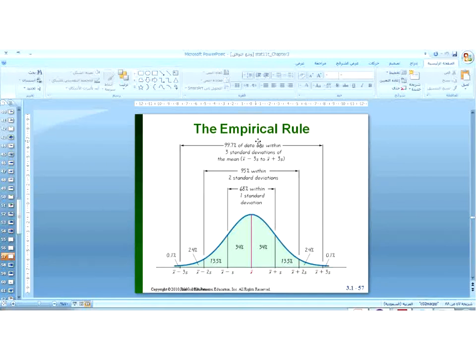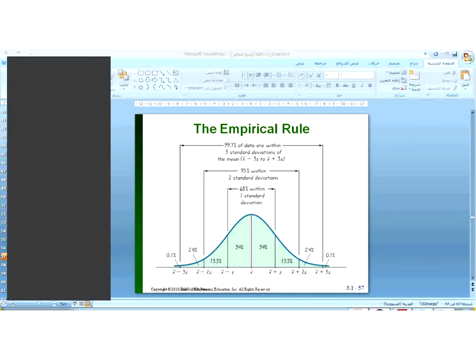In the same way, 99.7% of data are within three standard deviations. So here I will take x bar plus 3s and here x bar minus 3s. Bravo Aisha.